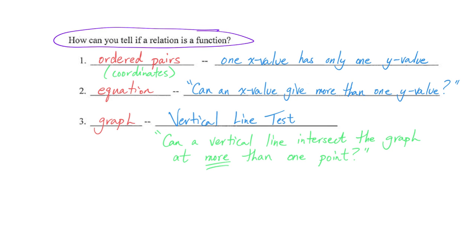Okay, now I want you to take a look at number 2. If you're given the equation to the function, I'm going to argue that I think this might be the most difficult way to determine whether something is a function or not. And what I've put in blue is the question you want to ask yourself. If you can answer that question, then you have your answer as to whether it's a function or not. Can an x value give more than one y value? And you notice you're going to get the same sort of response.